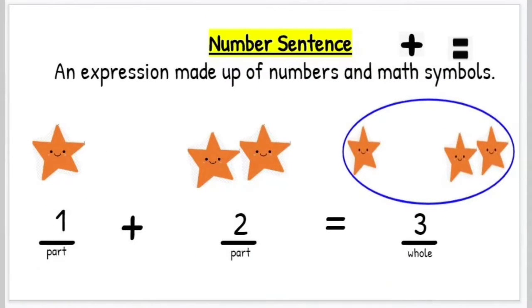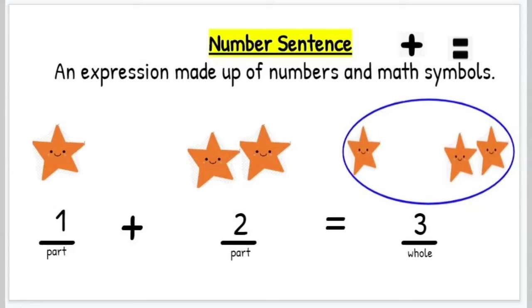Part of organization also involves being able to use our math symbols in a number sentence. So this is a new mathematician word. A number sentence is an expression that is made up of numbers and math symbols. Just like sentences that we write and read, a math sentence uses numbers instead of words and letters.